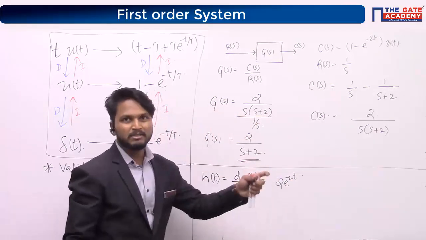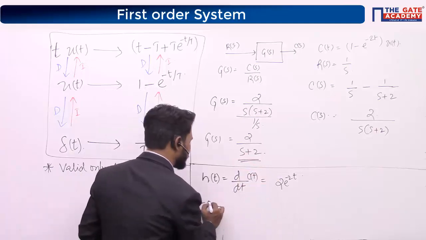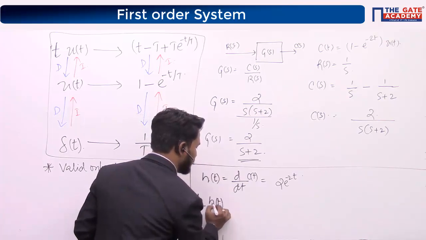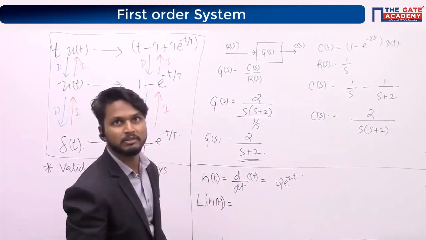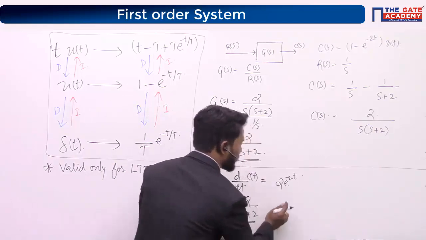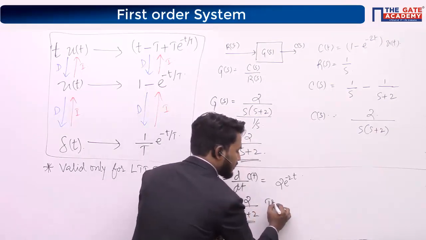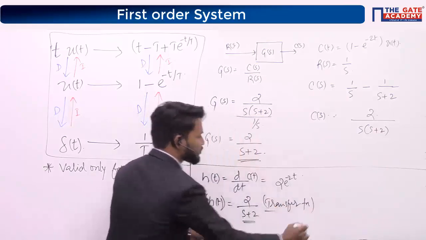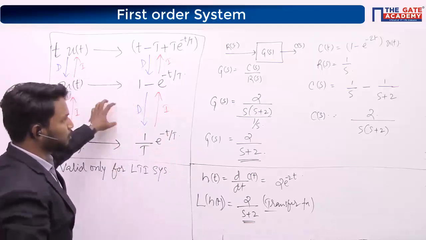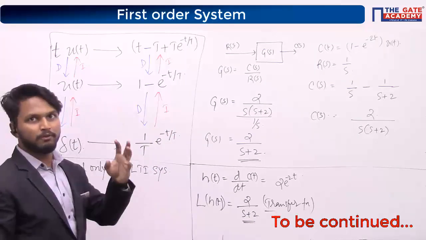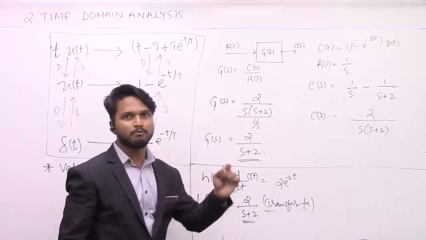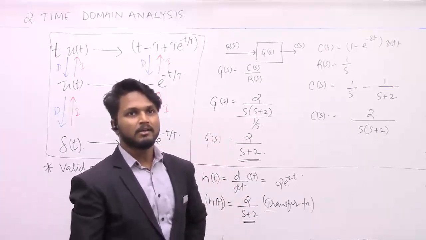The Laplace transform of h of t, the impulse response, is 2 divided by s plus 2. The Laplace transform of this is nothing but the transfer function. So you have solved it in just one simple step. If you know this particular result, it is going to give you very fruitful results and solve your problems in one simple step. Is it clear?